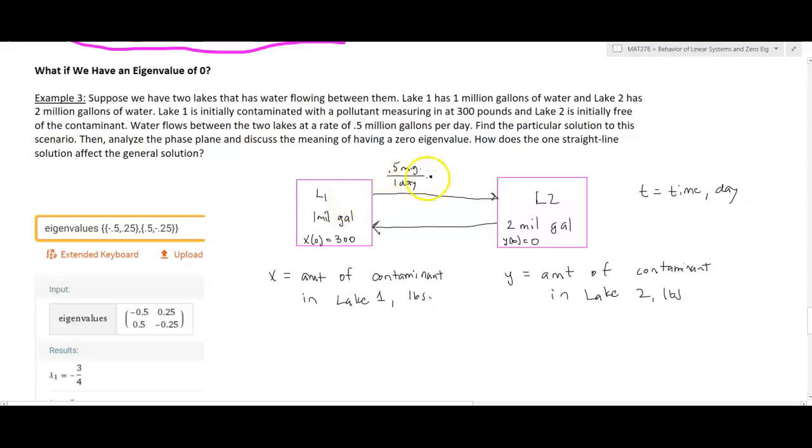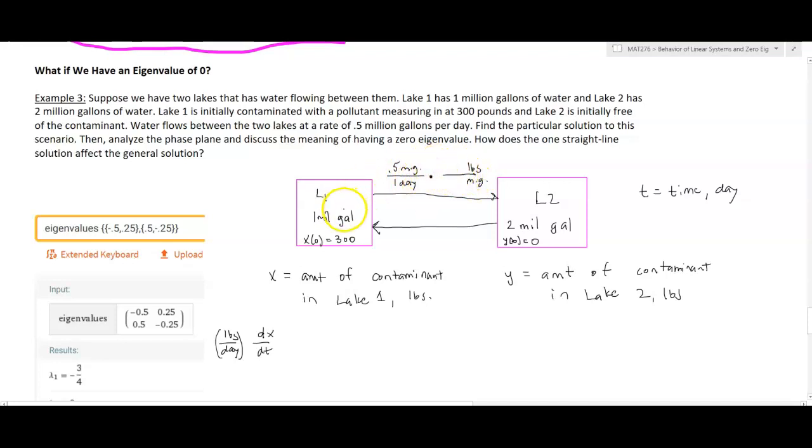Since I need my dx/dt and dy/dt to be in pounds per day, this is not the right units. I want pounds per day, so I have to multiply by pounds per million gallons, so that my million gallons cancel out and I'm left with pounds per day.